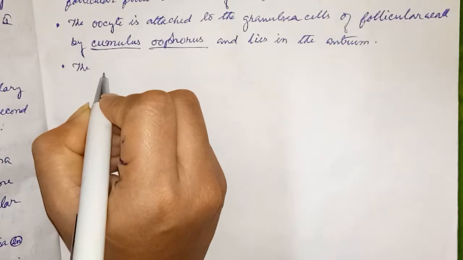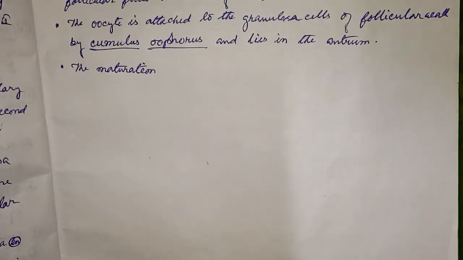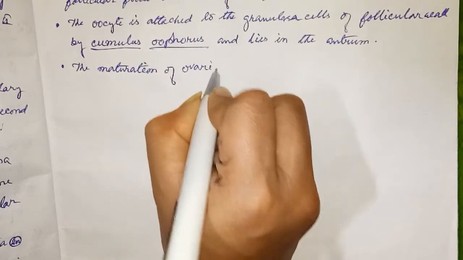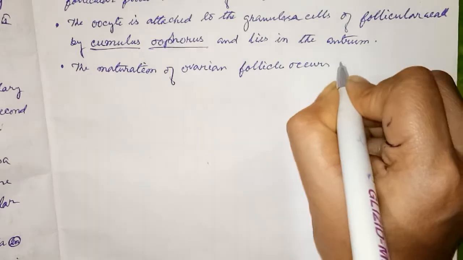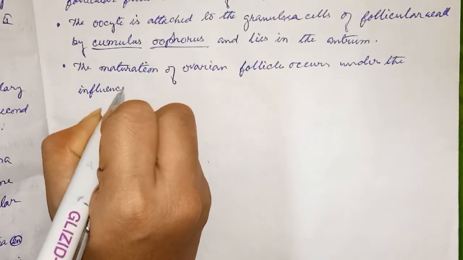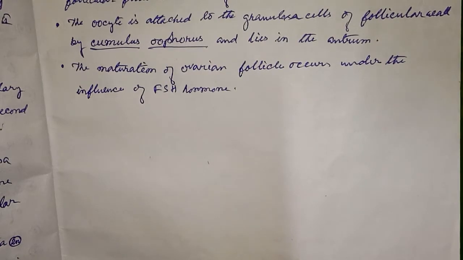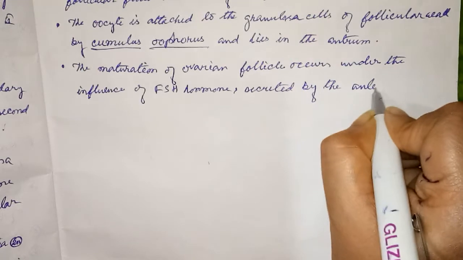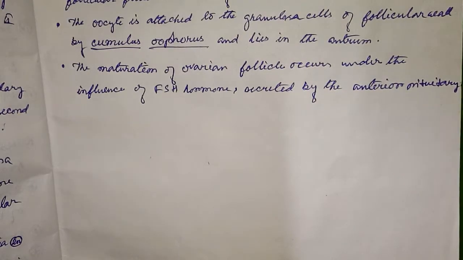So now the maturation of ovarian follicle occurs under the influence of FSH hormone secreted by the anterior pituitary.